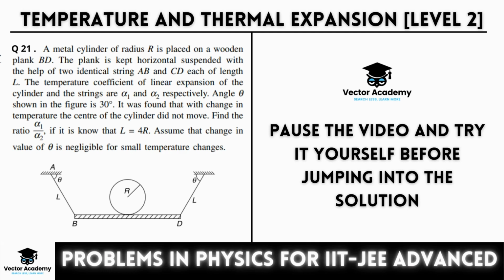Angle θ shown in the figure is 30 degrees. It was found that with change in temperature the center of the cylinder did not move. Find the ratio α1 divided by α2, if it is known that L equals 4R. Assume that the change in value of theta is negligible for small temperature changes.